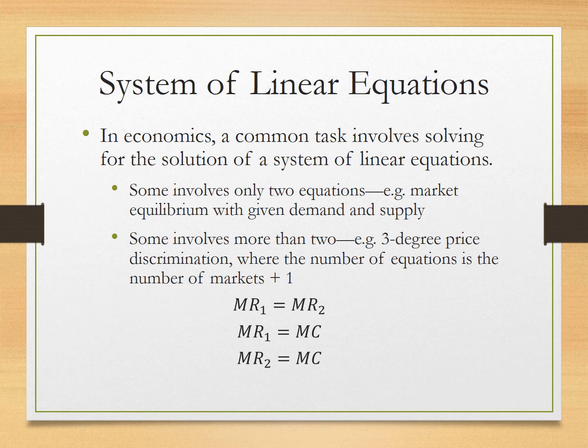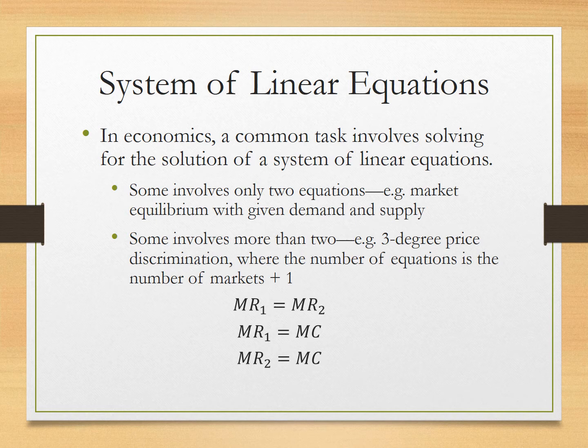That's the first condition. Second condition and the third condition are the same as standard monopoly pricing. The money you make from the last unit should exactly offset the cost of producing the last unit. Because if that's not the case, you're either producing too little or you're producing too much. So that's standard monopoly pricing.